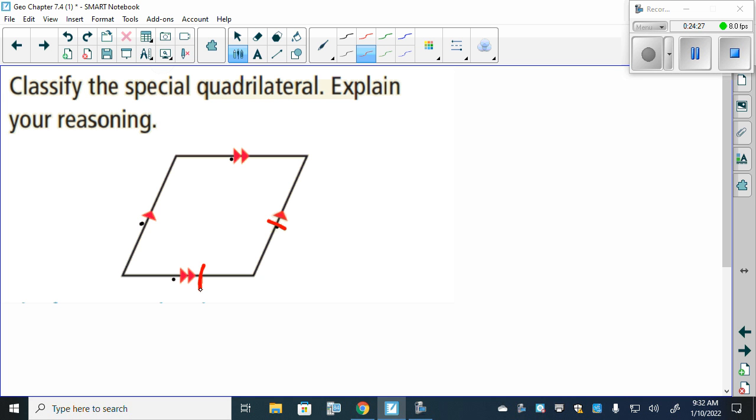But since it's a parallelogram, what else do we know about the sides? The opposite sides are congruent, yes? So since this has 1 mark, this will also have 1. Since this one has 2, this one will also have 2. So it not only tells us that it is a quadrilateral and a parallelogram, but we can also find out by the definition of parallelogram, all 4 sides are congruent. Do we know anything about the angles? No. So we can call it a rhombus. Could it be a square?